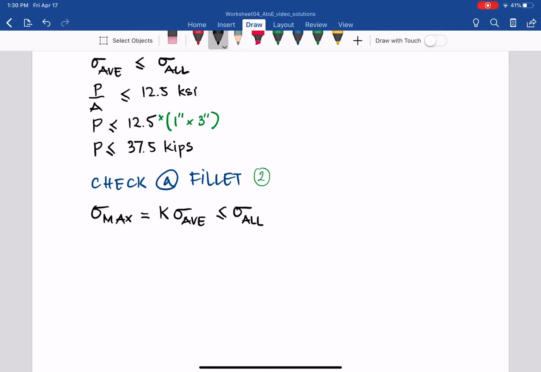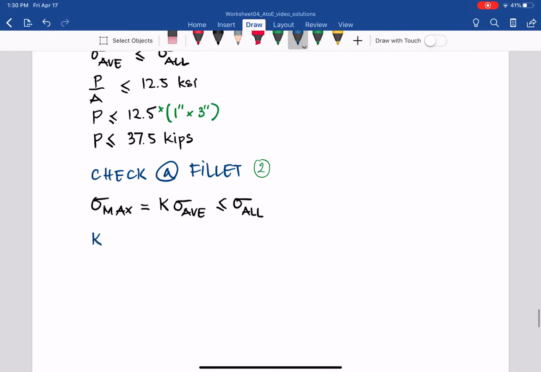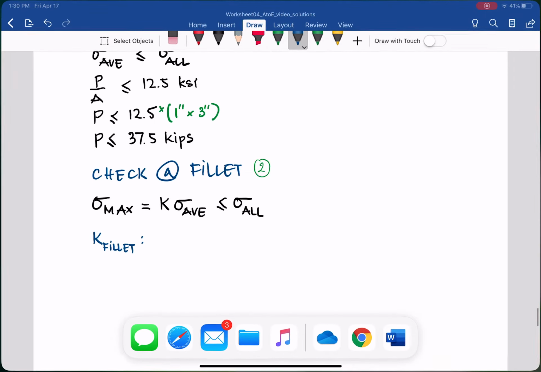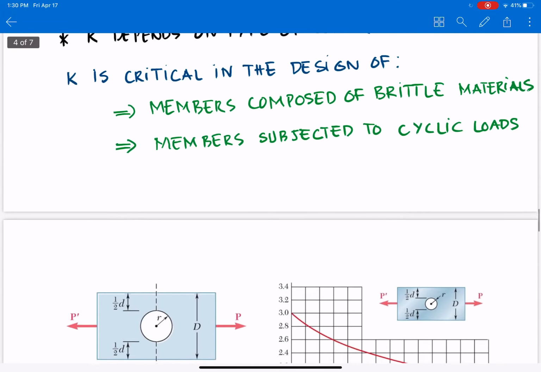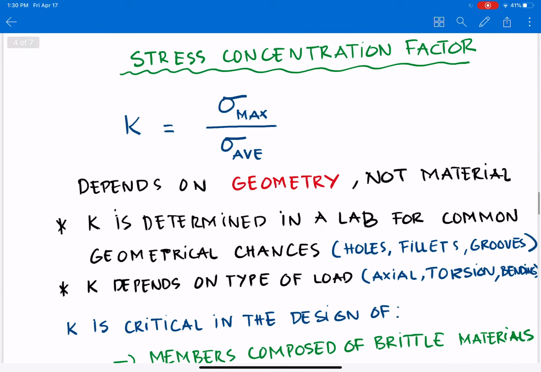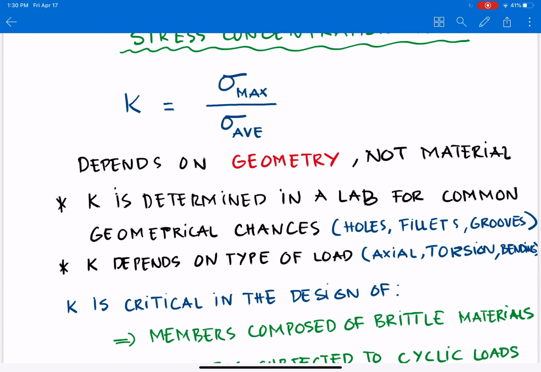Now for the fillet, what we need to find out is K of the fillet. How can I find out K? We have to use the chart in the book. So K for the fillet, what is that? It depends on several factors, so go back to our notes. Remember stress concentration, K equals sigma max over sigma average.